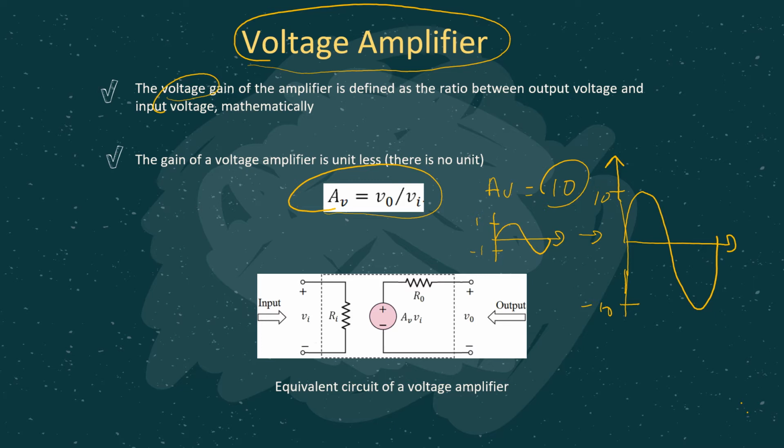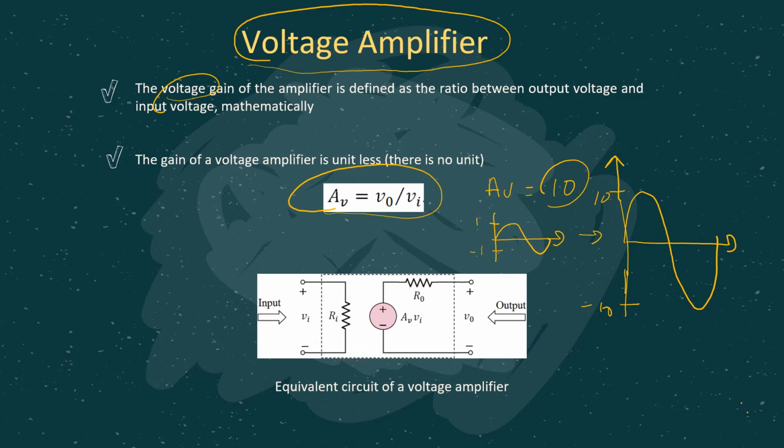Then how do we represent this voltage amplifier? Remember I mentioned the three main properties just now, so you should represent the three properties, Ri or R in, R naught, and AV properly.